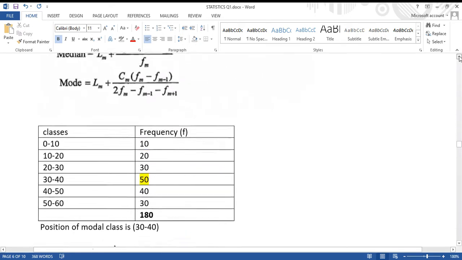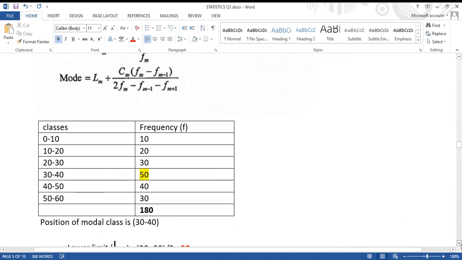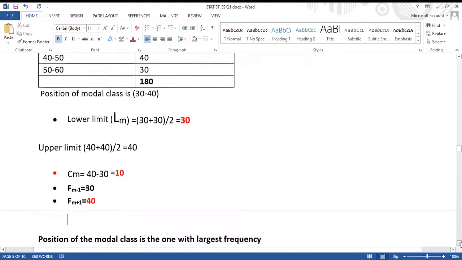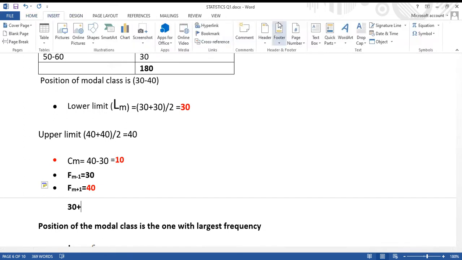All right, LM, that is 30 plus, let's insert a fraction here.